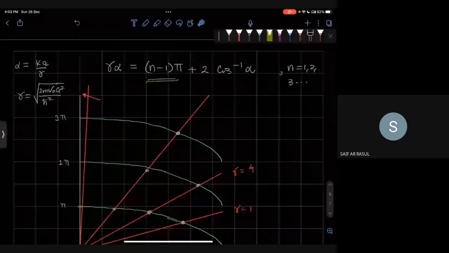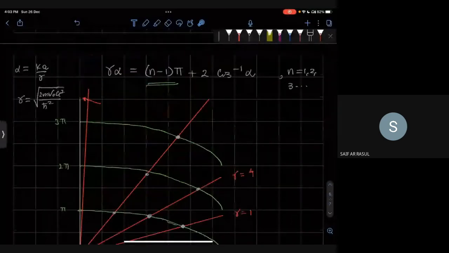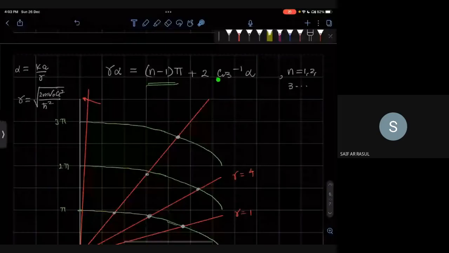Now if I look at this formula, and I say, okay, if I put gamma alpha equals 1 so that I'm looking at this extreme edge, then this becomes 1, this is n minus 1 pi, and this is going to be 0, right?